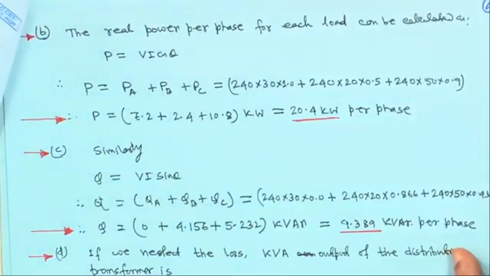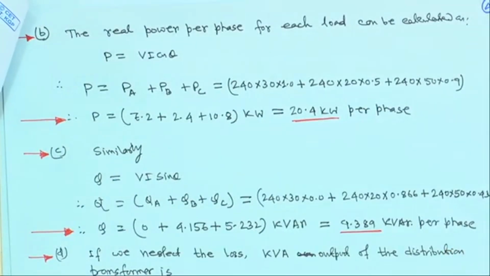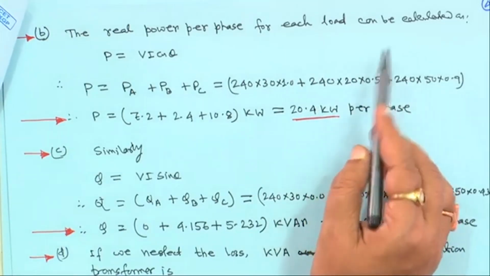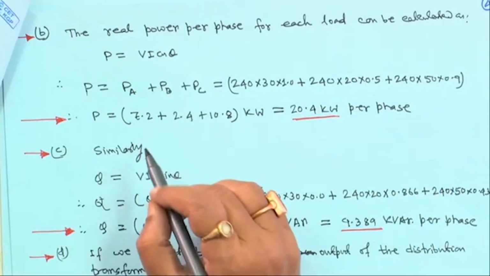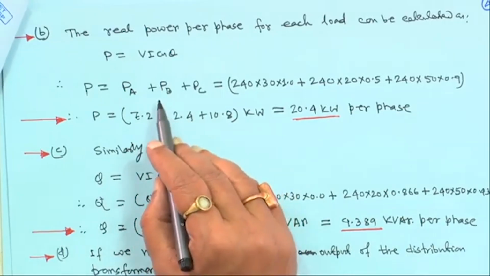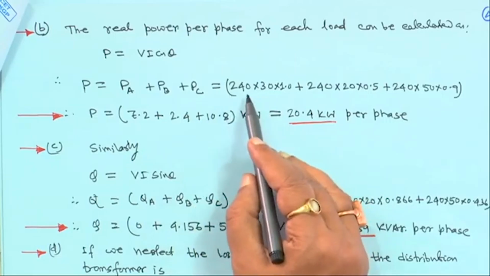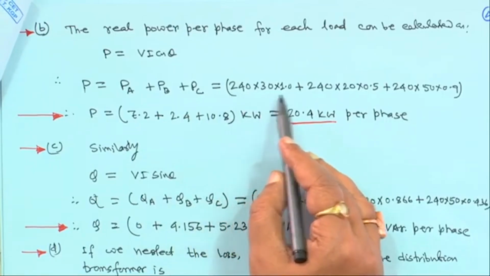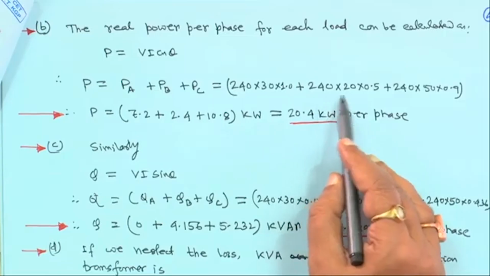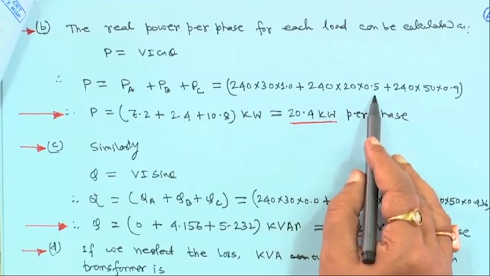Next you have to compute the real power. The real power per phase for each load can be calculated, P is equal to V I cos theta, right. So, it is per phase only we are computing. PA plus PB plus PC. For the first load it is V I cos theta, it is 1; second load I is 20 ampere, cos theta is 0.5.